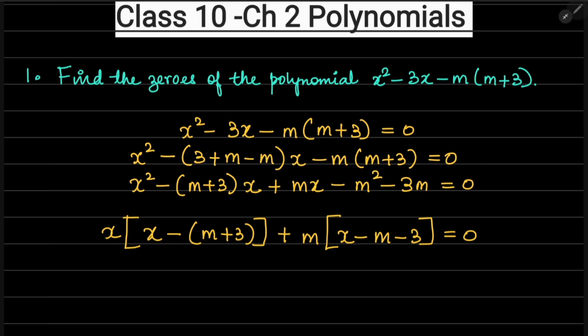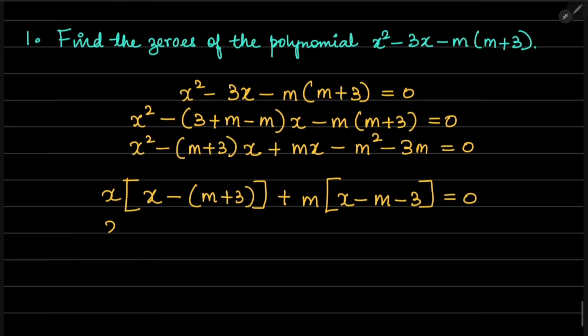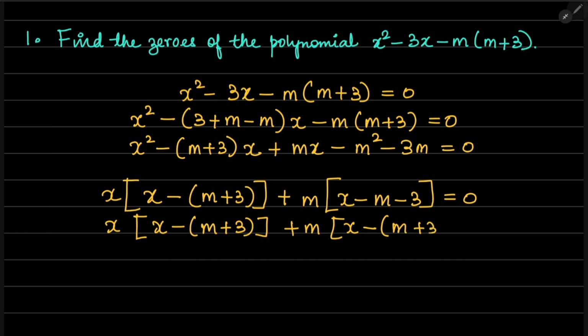Please follow the steps and do along with me. Now I would like to make the terms within the brackets equal, right? So x minus m plus 3, plus m multiplied by x minus, take minus common out, so you'll have m plus 3 equal to 0.